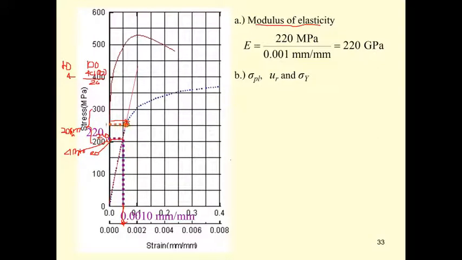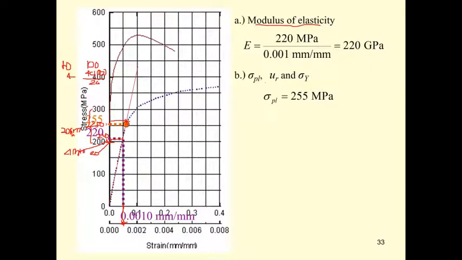So it's going to be about this point. This is 200, right? This is going to be 250, and this is 300. So it's just above 250. You may estimate it to be 255 if you like, or you do the same proportion. You may get sigma proportional limit of 225.